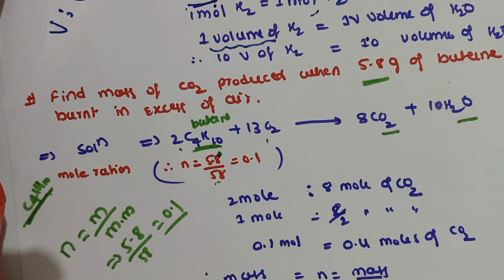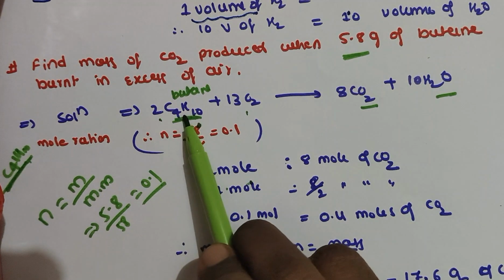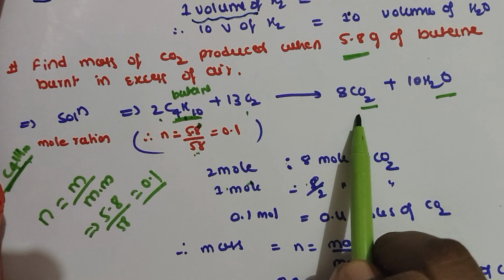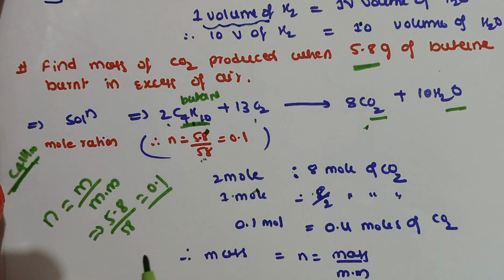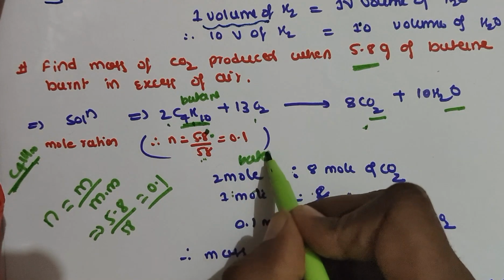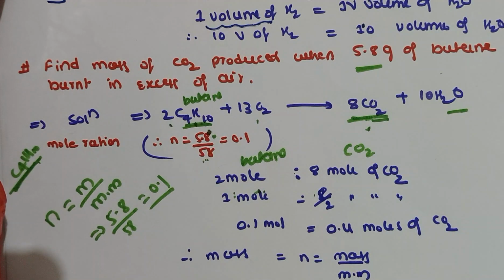Then write the mole ratio. 2 moles of butane give 8 moles of CO2. Again, only compare butane and CO2. Don't bother about the other reactants and products. 2 moles of butane give 8 moles of CO2 according to the equation.